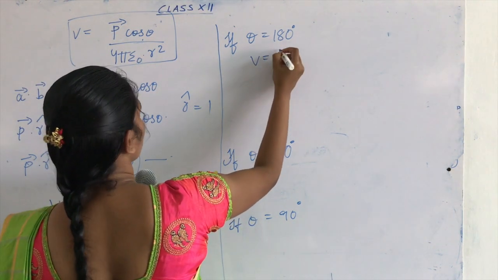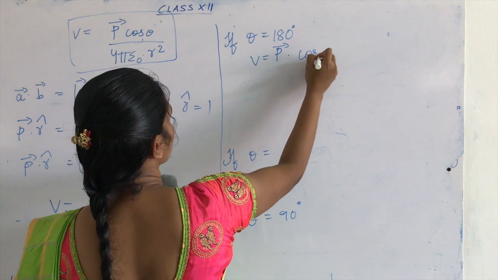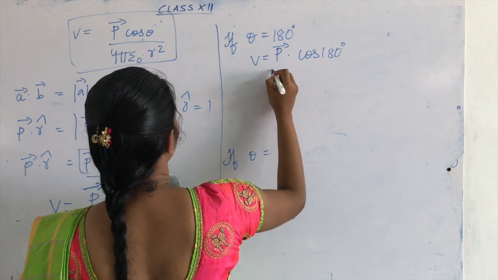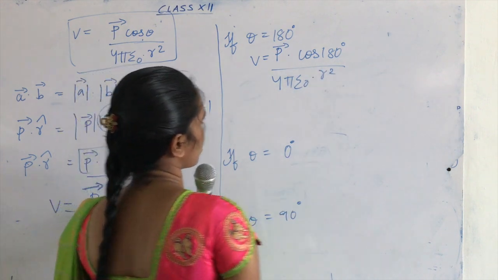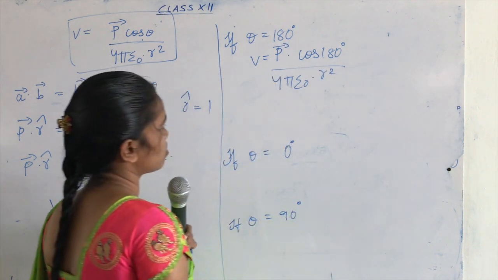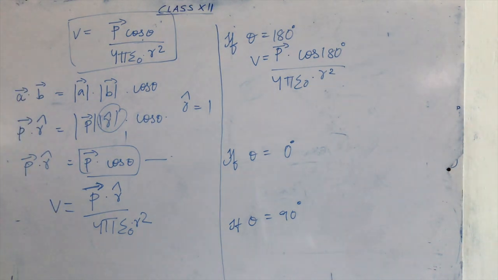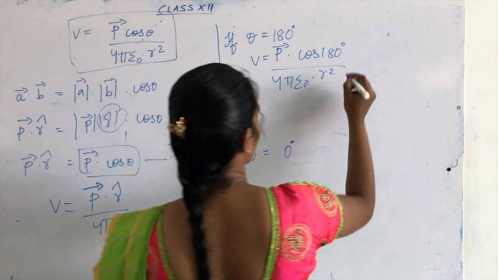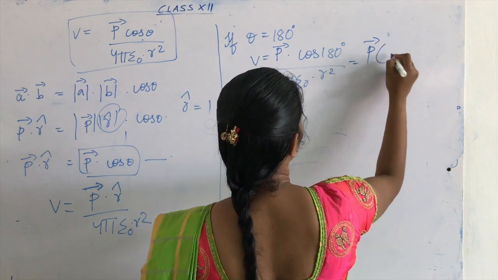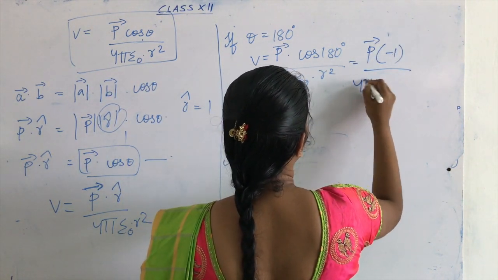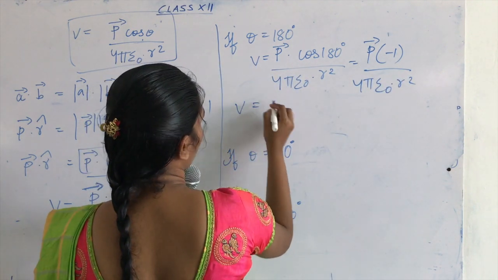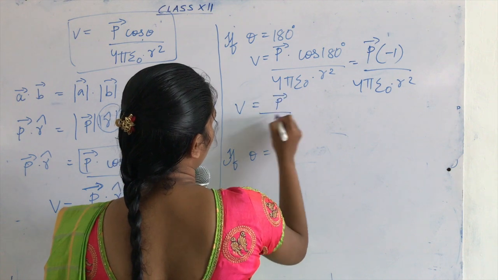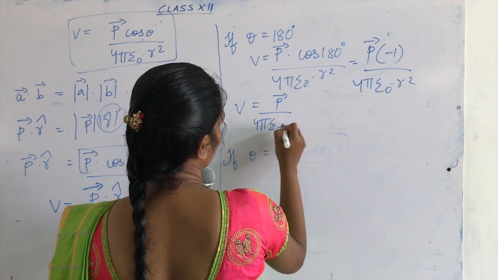V equal to P vector cos 180. What is the value for cos 180? Do you remember? Yes, you are right. The value for cos 180 is minus 1. P into minus 1 by 4 pi epsilon 0 r square. Now, V equal to minus P vector by 4 pi epsilon 0 r square.